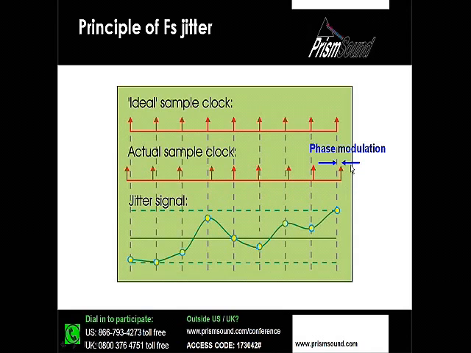So the jitter can be plotted versus time down in this lower portion of the diagram. So that's what happens in the real world with clock jitter. And of course, as I mentioned before, this could either be because it's been poorly designed, or it's possibly defective in some way.